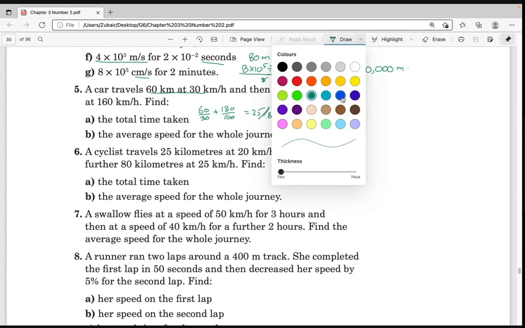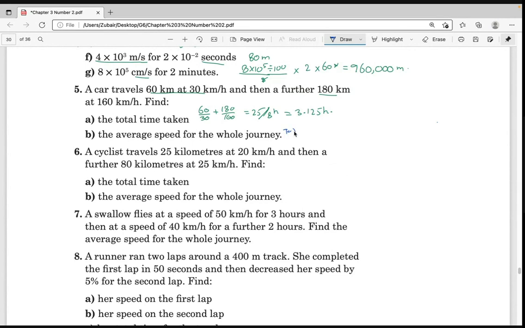The average speed for the whole journey. Average speed is total distance over total time. So total distance is 60 plus 180 and total time is already 3.125. 60 plus 180 is 240 divided by 3.125 is 76.8 kilometers per hour.